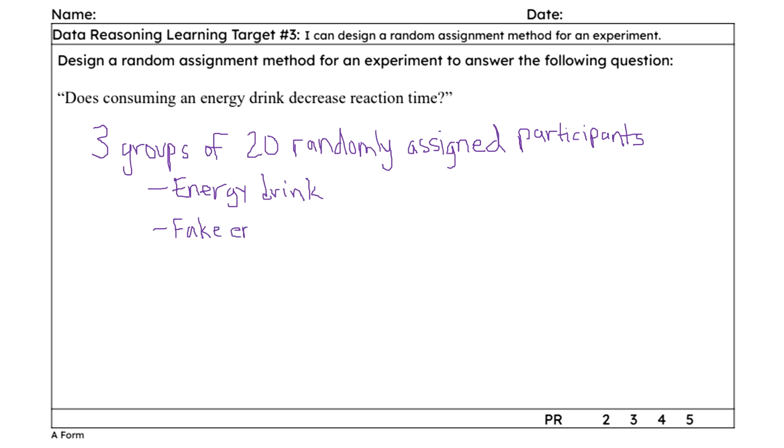So then people are thinking, oh yeah, this is Red Bull. Something's going to happen here. And then the third group is going to get nothing. Maybe they get just water, or maybe they get nothing at all.